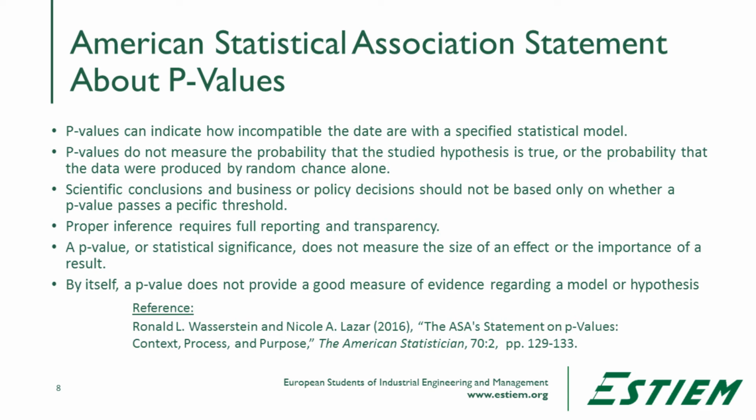So the p-value, or statistical significance, doesn't really measure the size of the effect or the importance of a result. Again, we have to take a look at the physical dimensions, and we have to take a look at the knowledge that we gain from the process, the profound knowledge that's generated about what future states could be based on the whole picture.